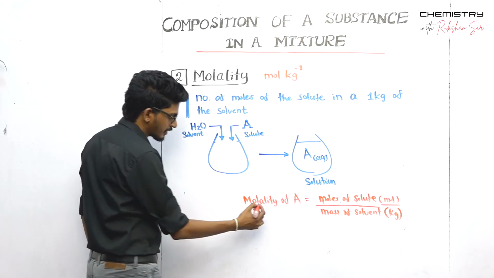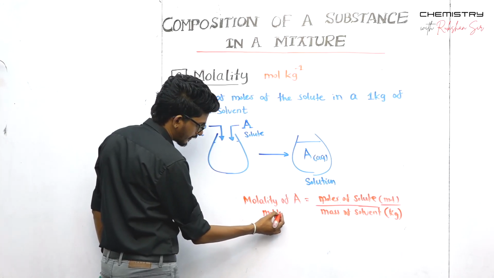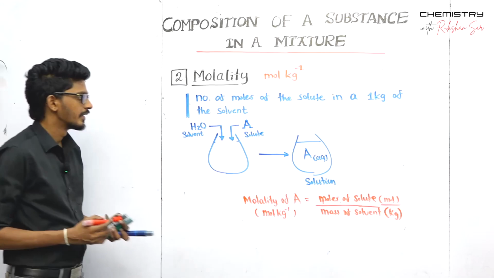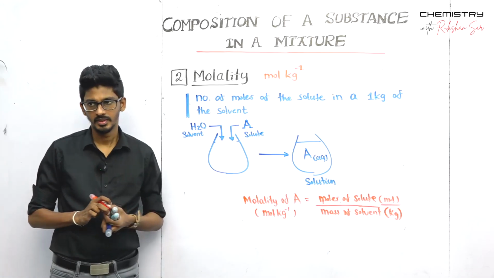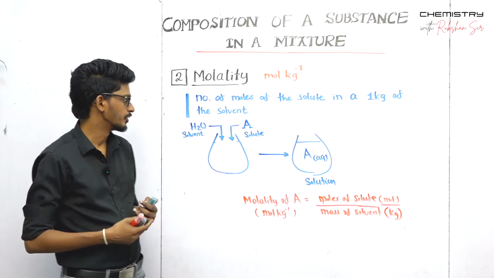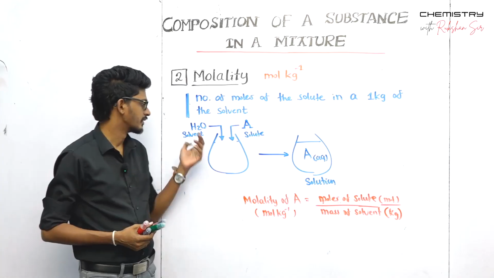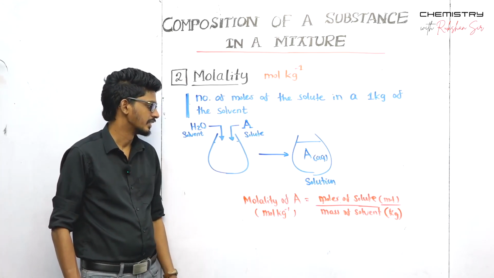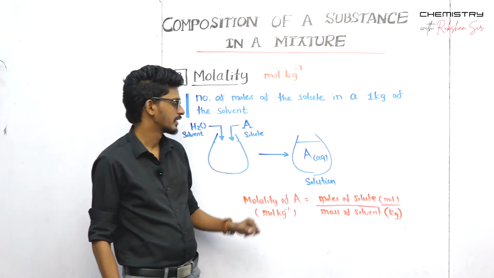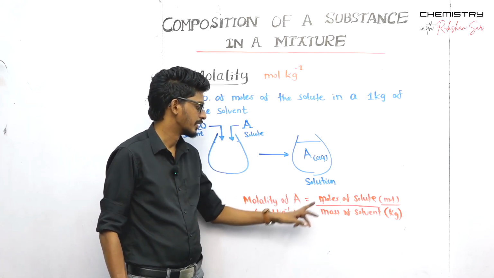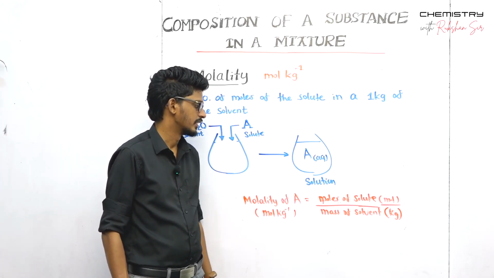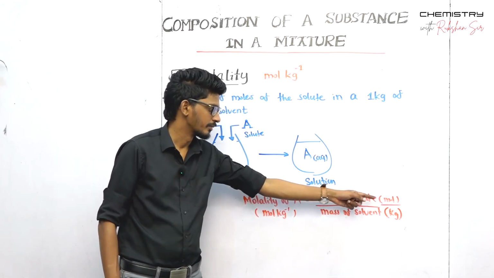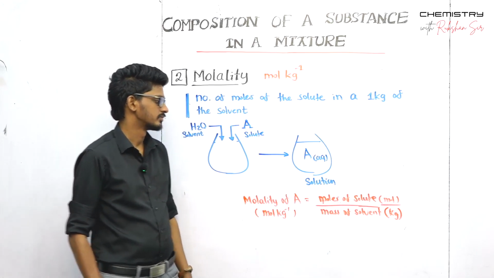So the unit here is moles per kilogram. That is a simple idea, right? Solutions are made by mixing the solvent and the solute. So the molality of the solute is the moles of that solute in your solution divided by the mass of solvent in kilograms. So the unit is moles per kilogram, mol kg^-1.